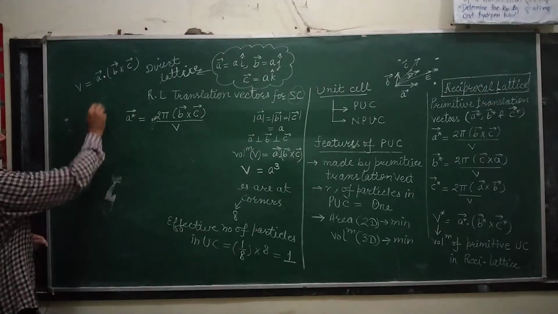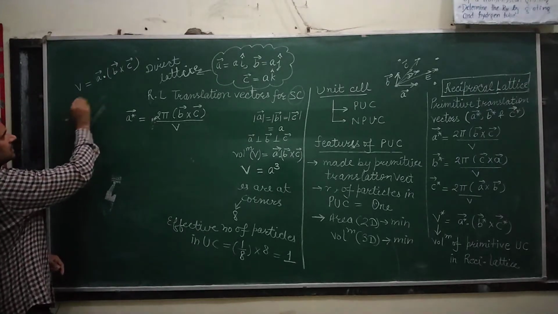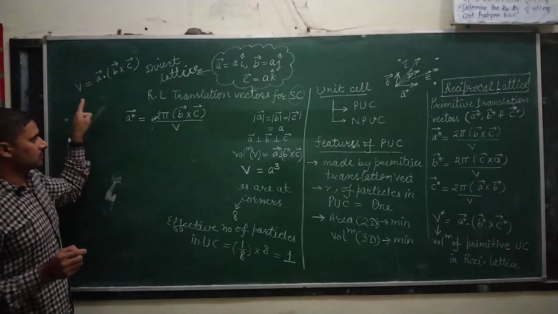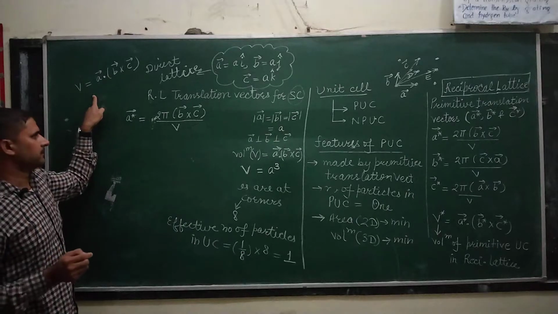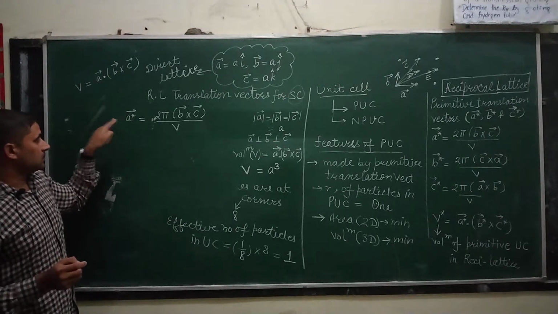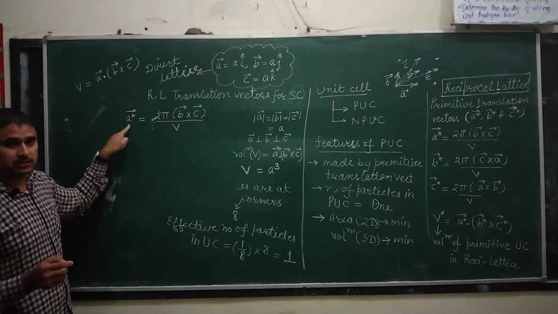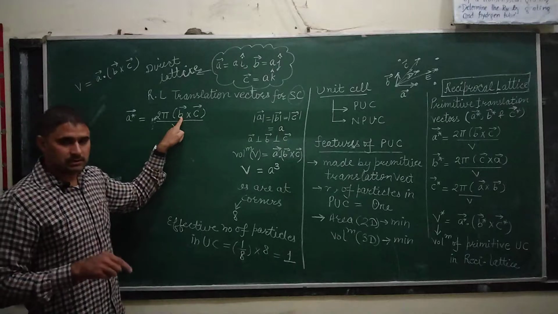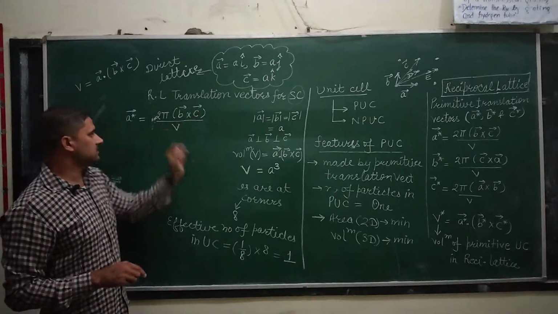Okay class. So in this way, using scalar triple product, you can find the volume, the space occupied by the unit cell. So this is the relation which connects the primitive translation vectors in reciprocal lattice and the primitive vectors in direct lattice.